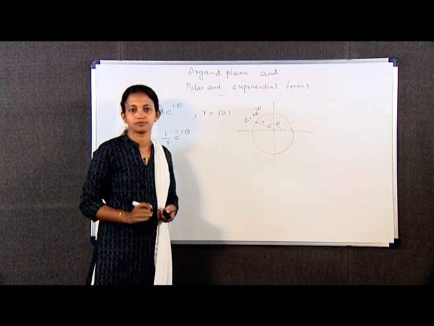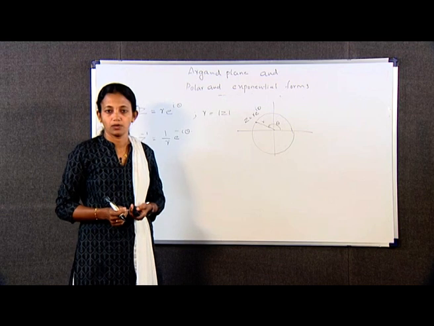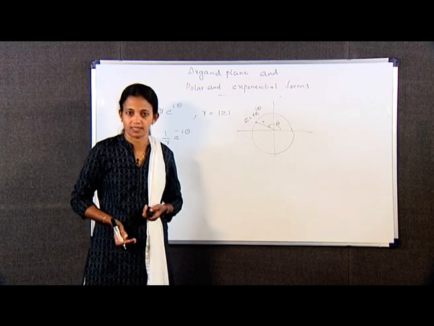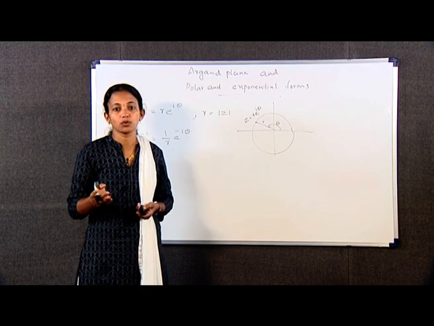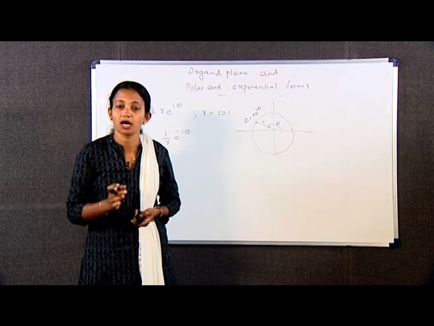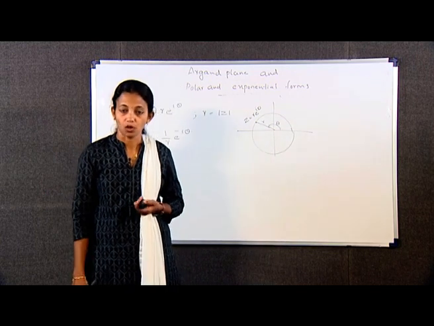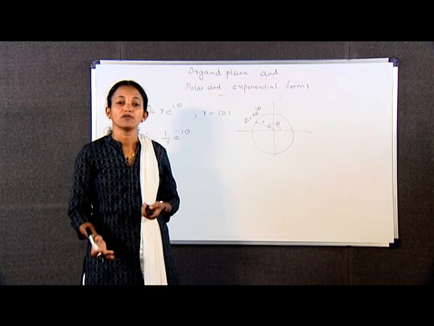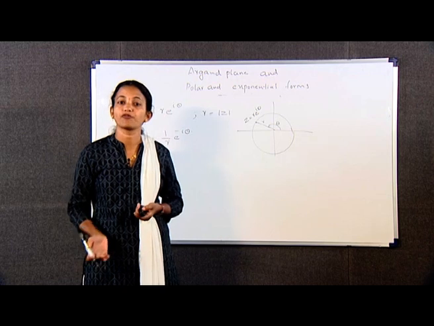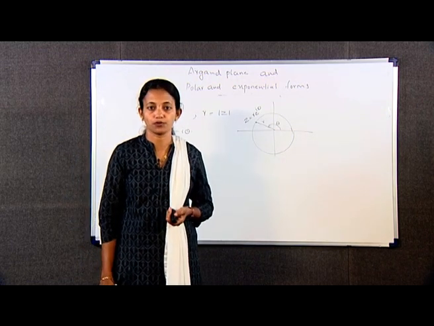In the earlier example, we have seen that for the complex number minus 1 minus I, modulus r is equal to square root of 2, and the principal amplitude, argument of z, is equal to minus 3 pi by 4. Also r is equal to square root of x square plus y square, which is equal to square root of minus 1 square plus minus 1 square, which is equal to square root of 2.